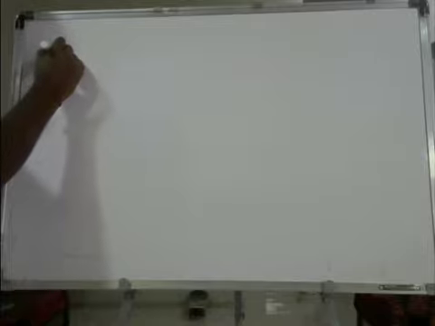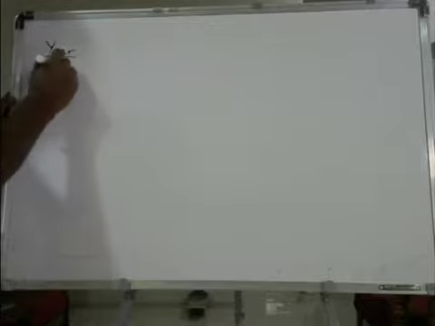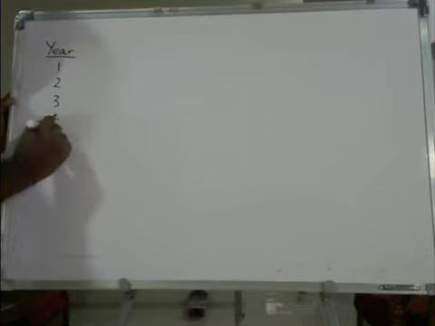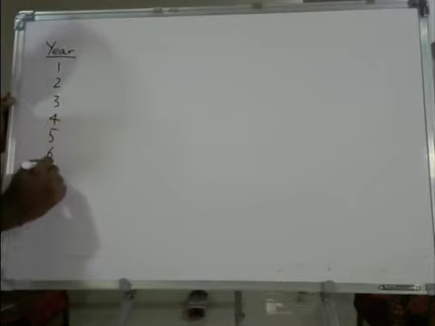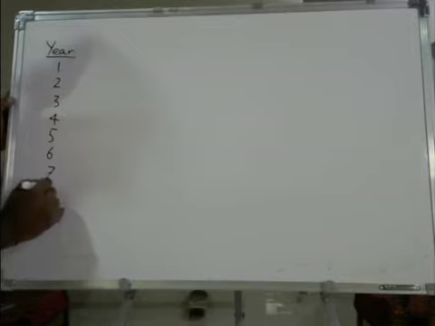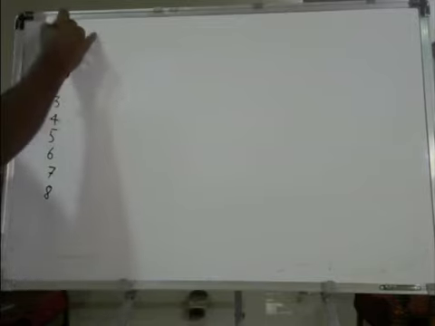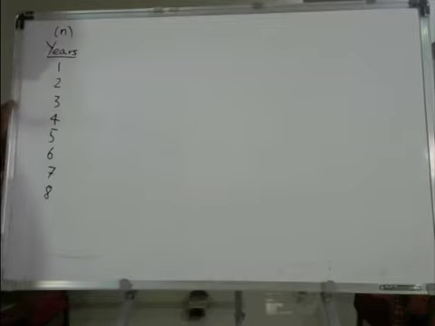The first column will be the year. Now you have basically 8 years: 1, 2, 3, 4, 5, 6, 7, and 8. So you have 8 years, and that is denoted by small letter n.